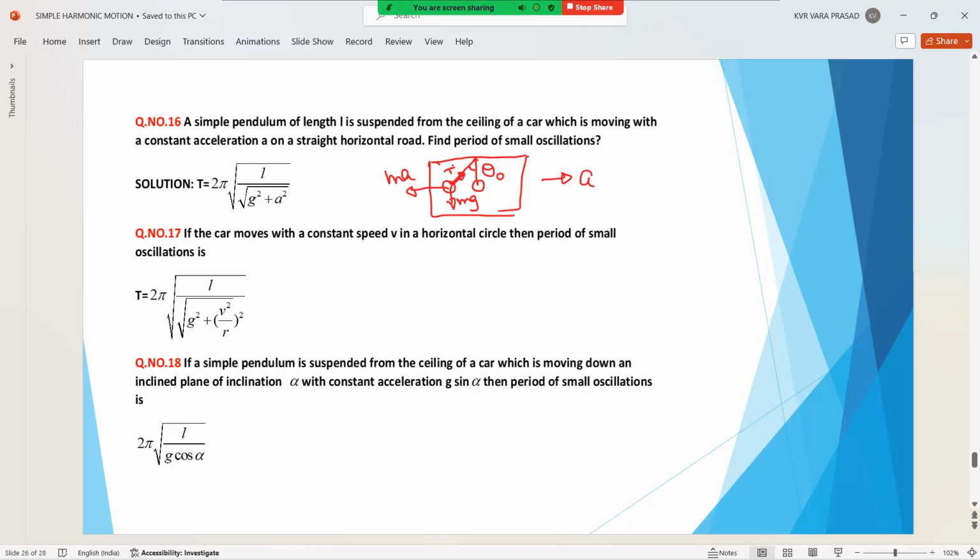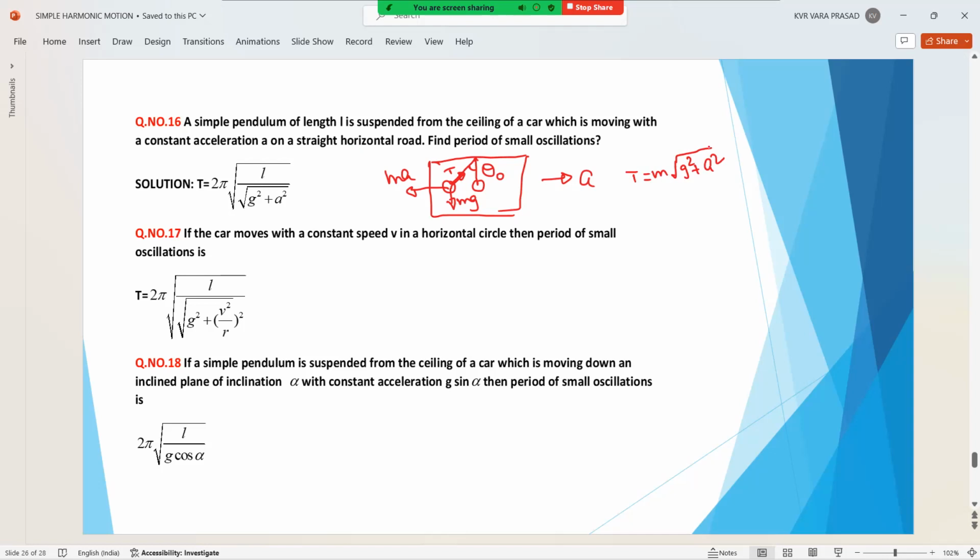When it is in equilibrium, tension balances the resultant of pseudo force and gravitational force. That means in equilibrium, tension equals m into square root of g square plus a square.